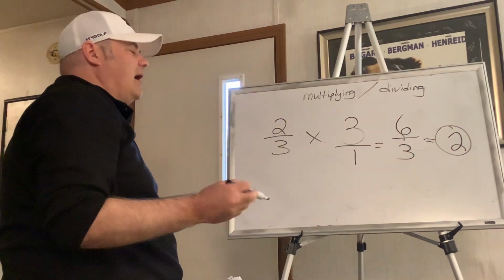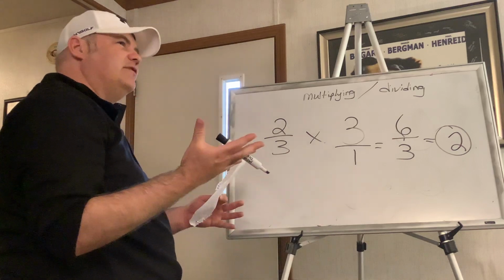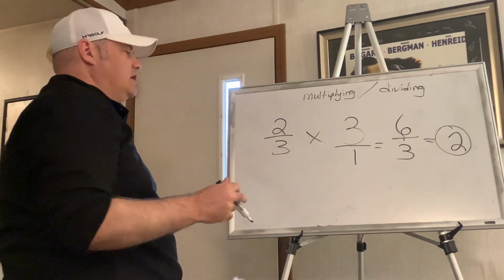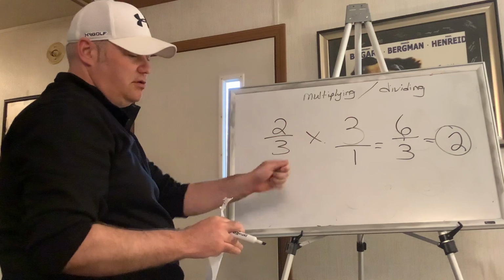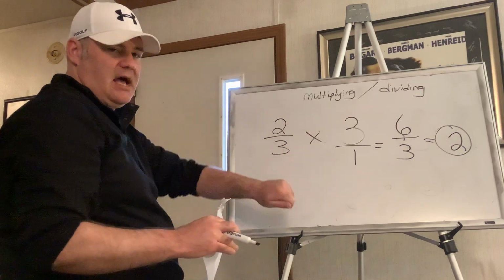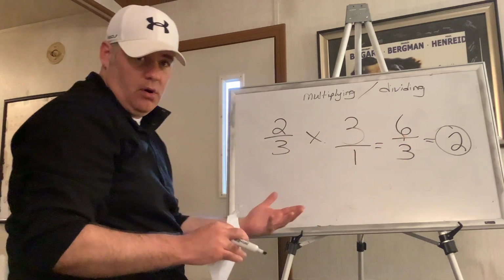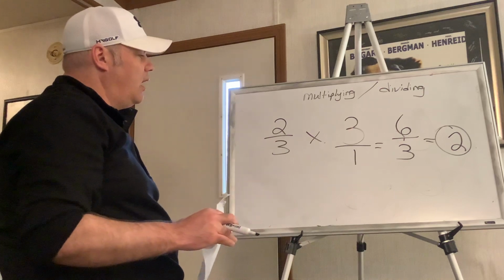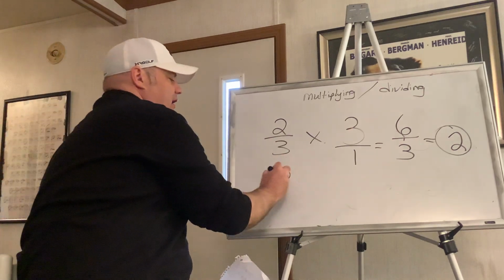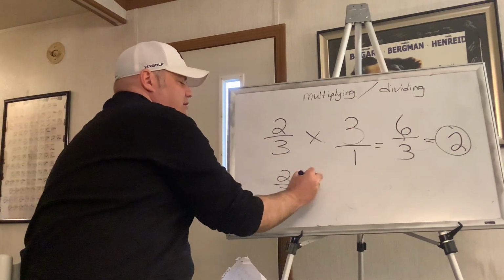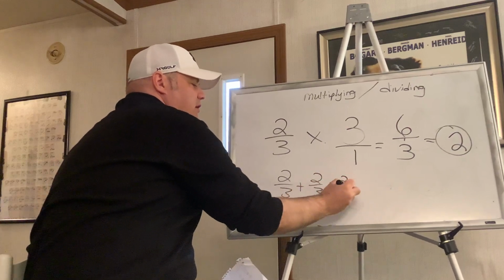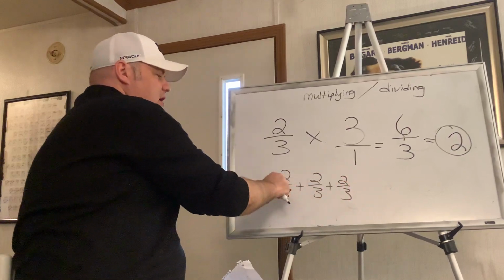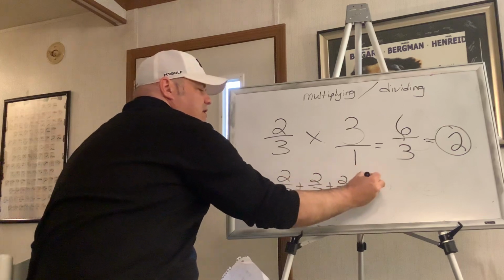So if you think about what that is, if you take 2/3 and you do that 3 times, you come out to 2 whole. If we were adding that up, 2/3 plus another 2/3 plus another 2/3. Okay, 3 times. If I put that in, 2 plus 2 plus 2 is 6.